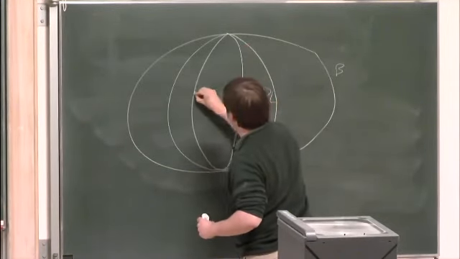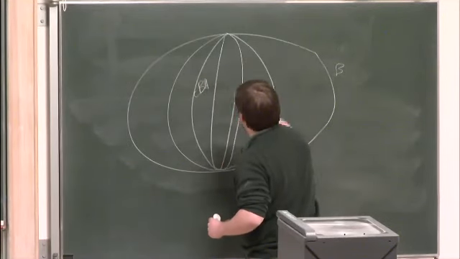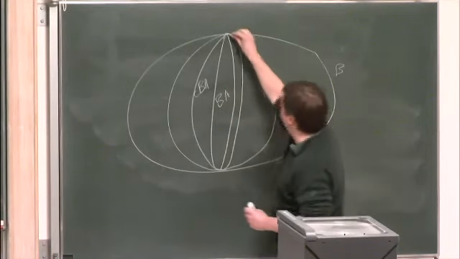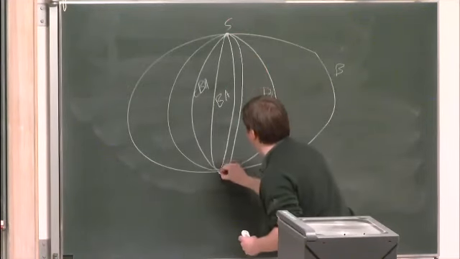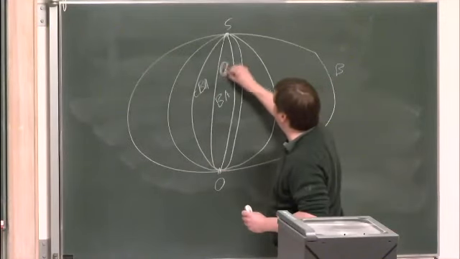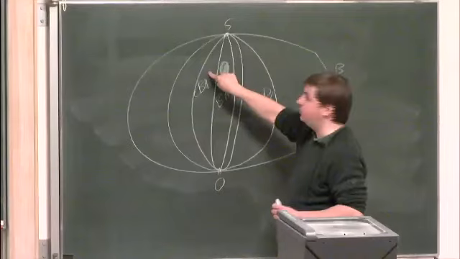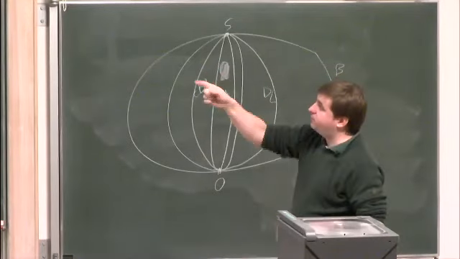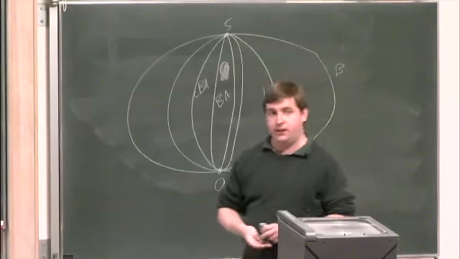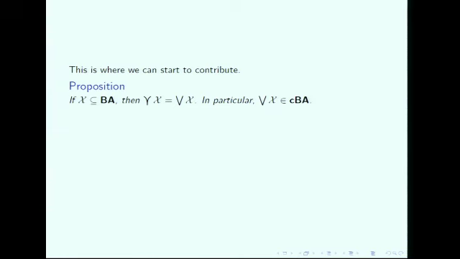We've got CBA. And we've got BA. So here's S, here's 0. We've got some collection of things in BA. We want to take the join as computed in CBA. The proposition says that in fact the join as computed in B will be the same thing, even though for CBA in general they will be different.